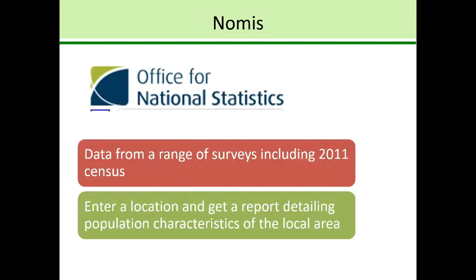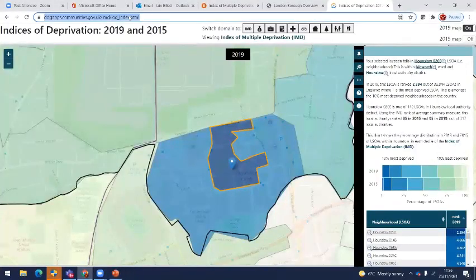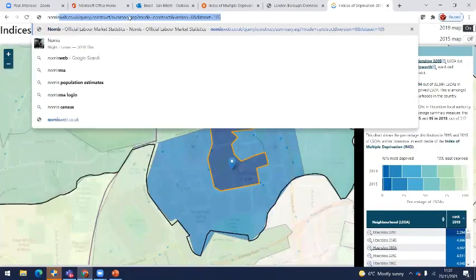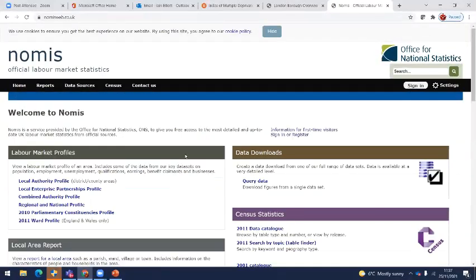I think the consensus is that it's not quite as user friendly as the GLA London Data Store website, so it's probably easier to go straight to having a look at that. But it's got lots of things like labour market profiles.